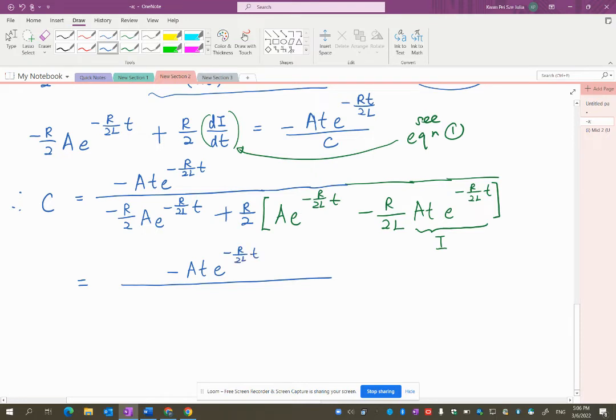So you open up the bracket and then you can cancel this term with this term. So this term is gone. So we are just left with this term, which is the negative r squared over 4l.